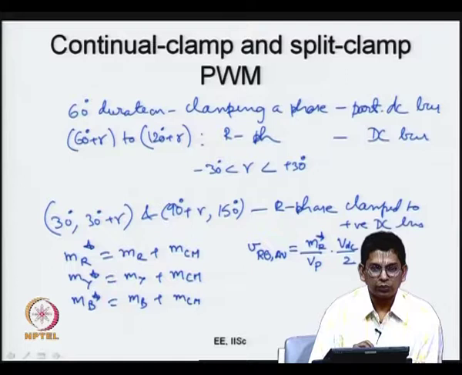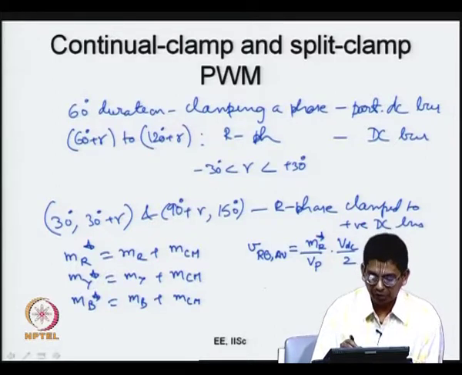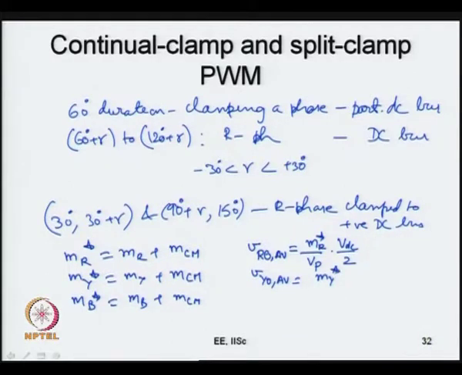This is what you will get now. So, what will be your VYO average? VYO average will be similarly MY star by Vp times Vdc by 2. The same way you have VBO average also, which I am not writing down.